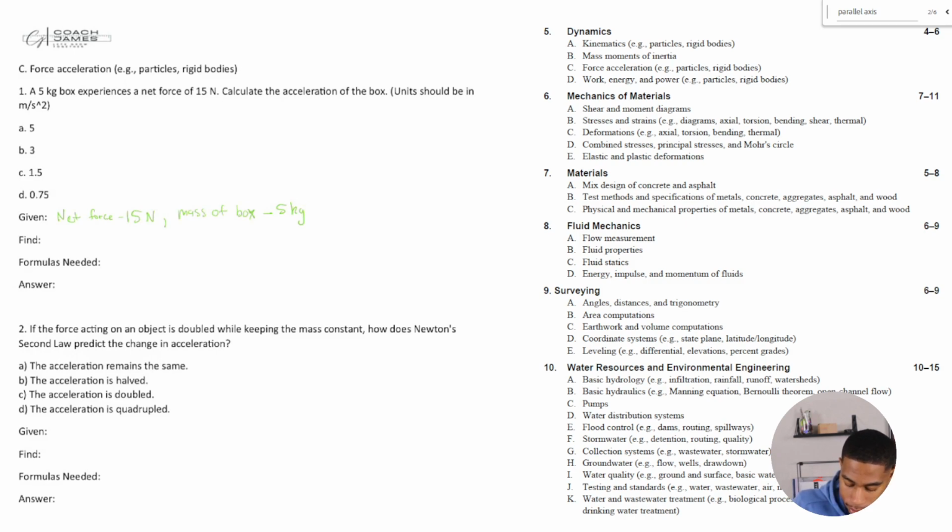Calculate, we're trying to find the acceleration. So are there any formulas needed? In this case, yes, if you don't already know. We're trying to find the acceleration, and they give us the net force.